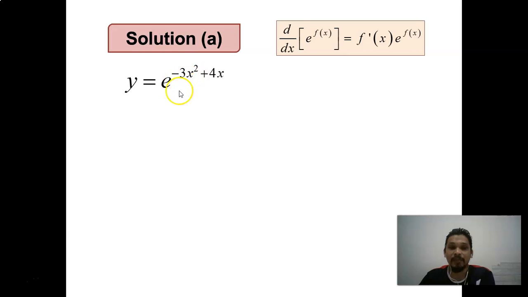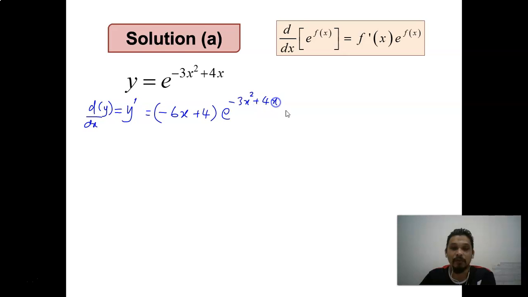So f prime of this, y prime or dy/dx, equals, differentiate this first, 2 times negative 3 equals negative 6x, 2 minus 1 equals 1, plus 4, then e to the power of negative 3x squared plus 4x.